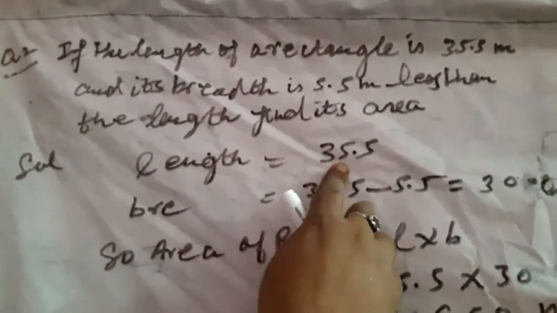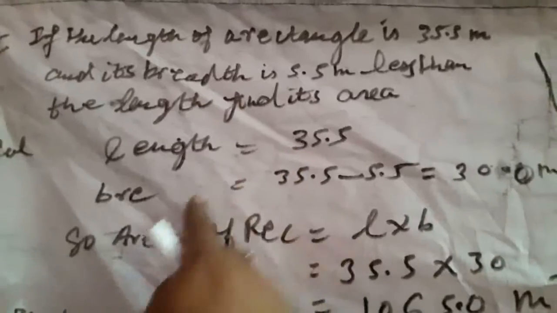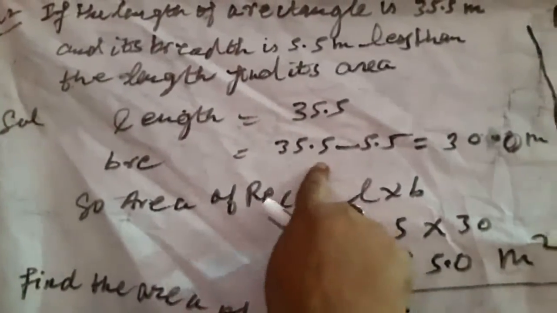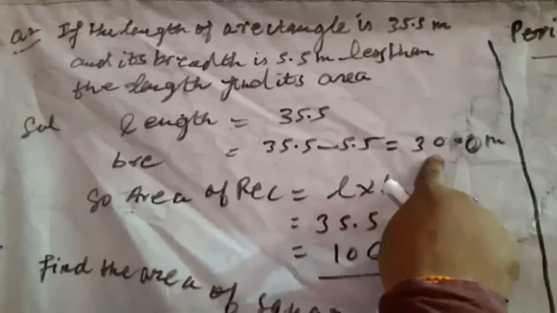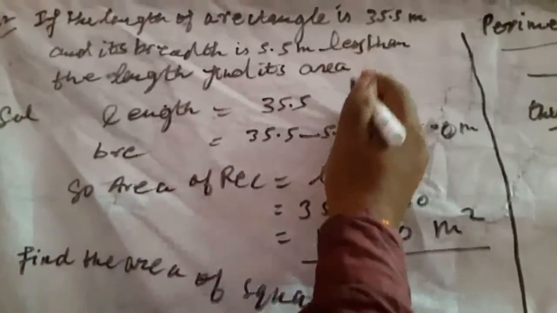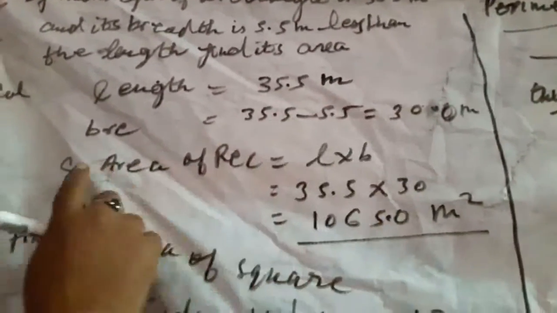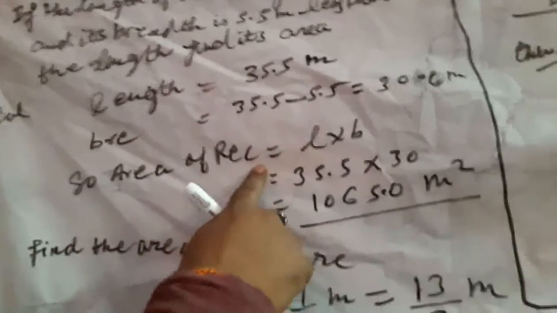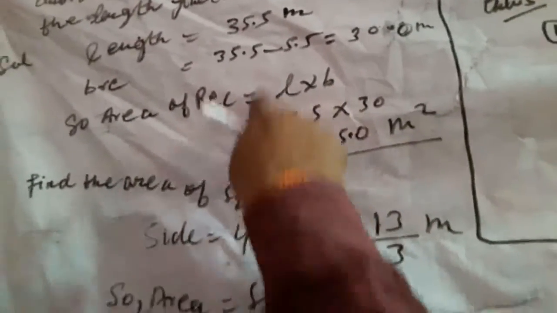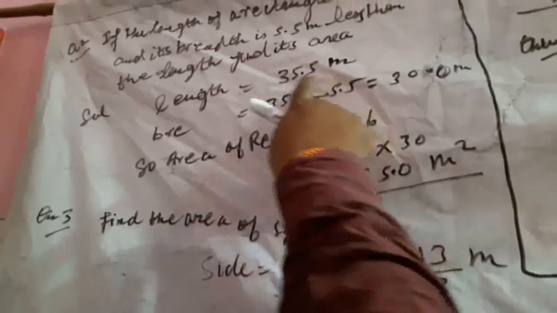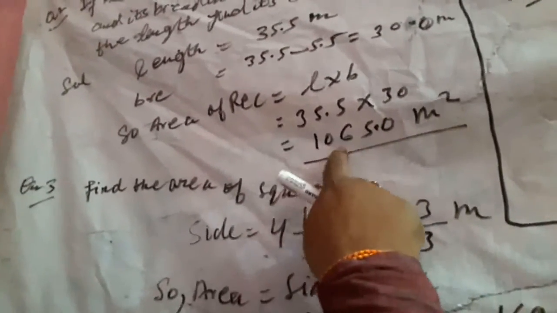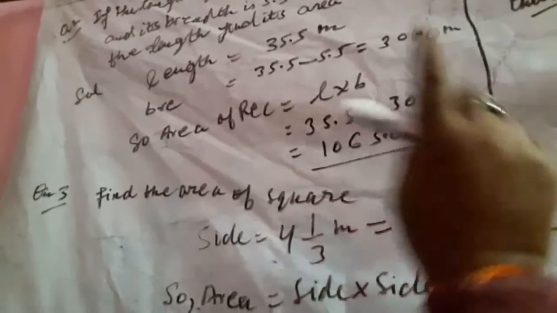So length is equal to 35.5 meter and breadth is equal to 35.5 minus 5.5, is equal to 30 meter. This is your breadth and this is your length. So area of rectangle is equal to L into B. This is the formula, L into B. L this and breadth this. After multiplying, your answer comes 1065.0 meter square.